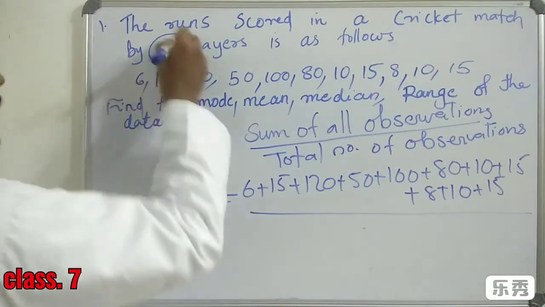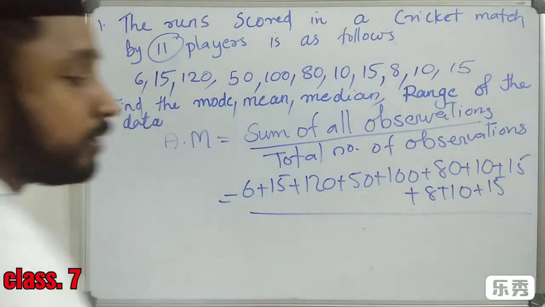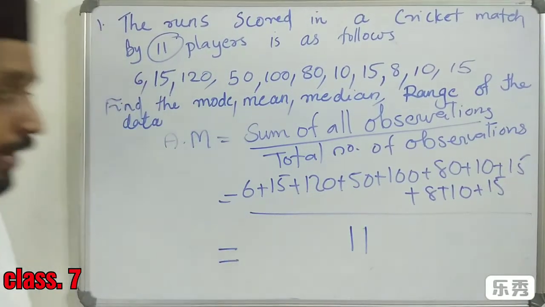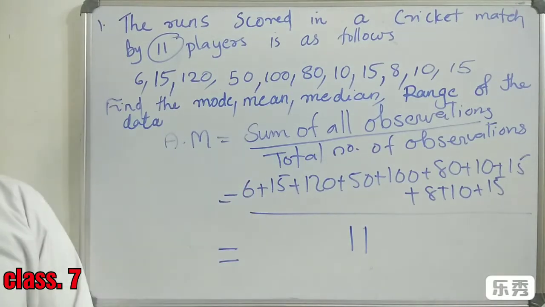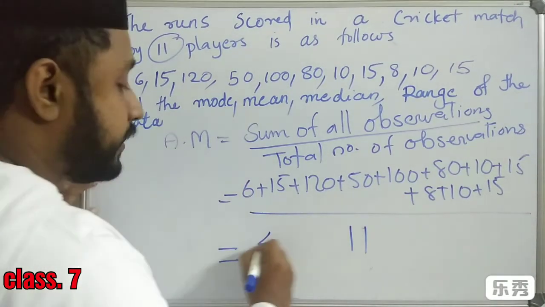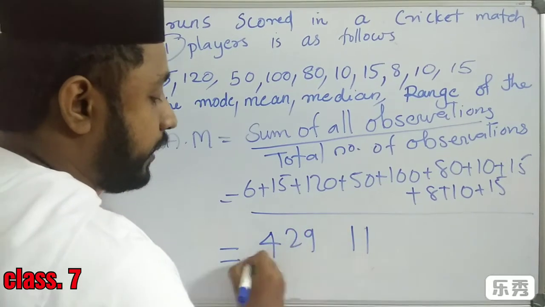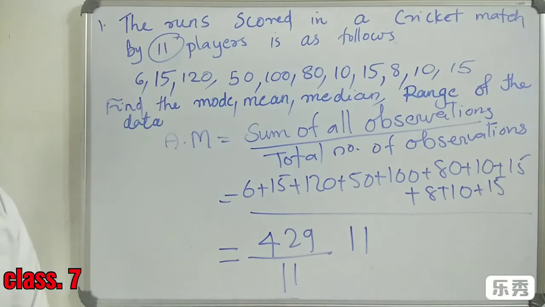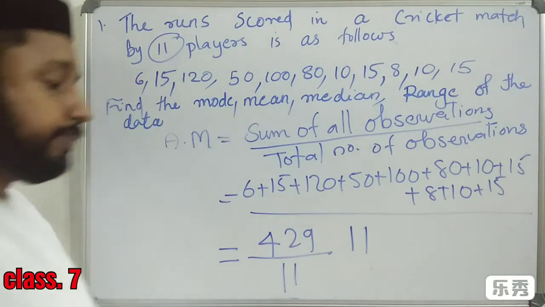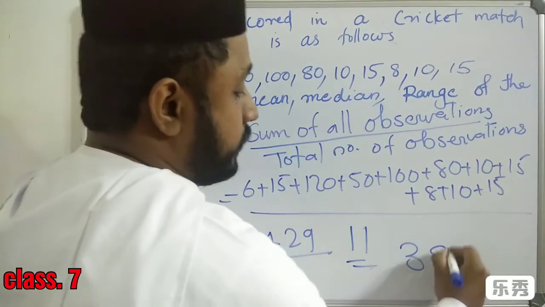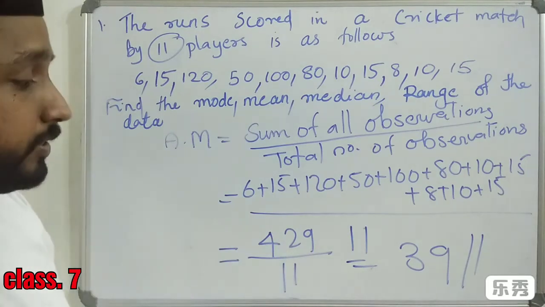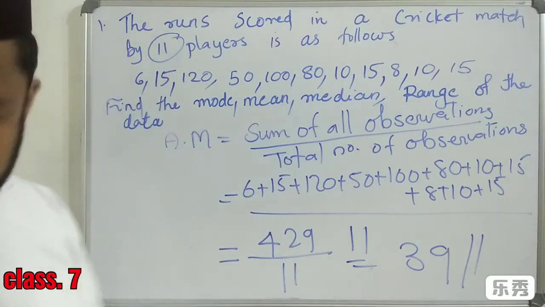In the question there are 11 players, so 11 scores. When we add all these, we get 429. So 429 divided by 11 is 39. So the arithmetic mean of this data is 39.